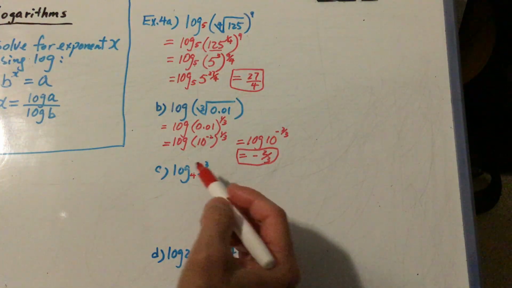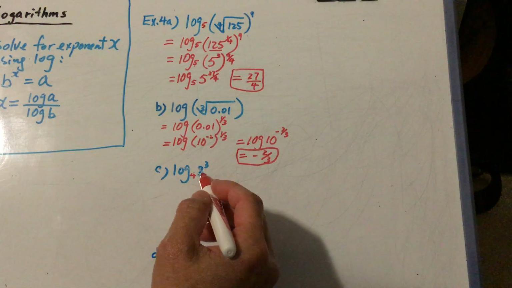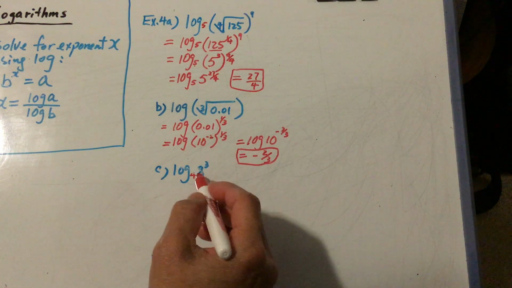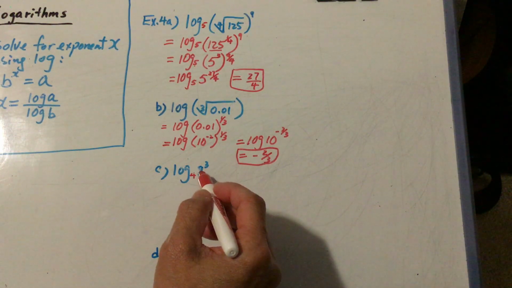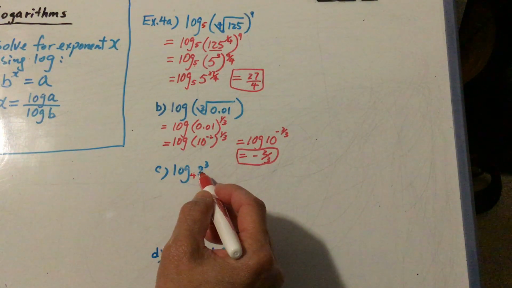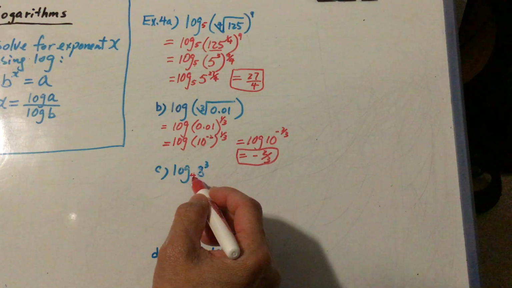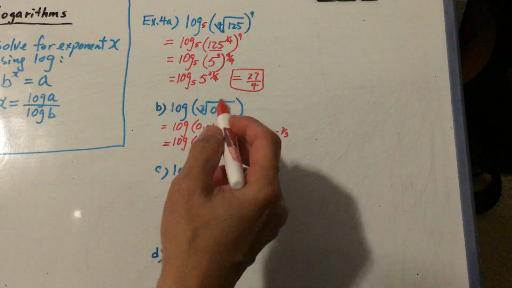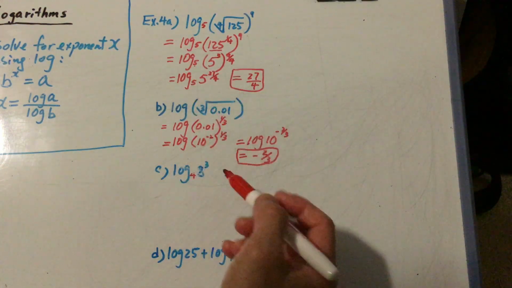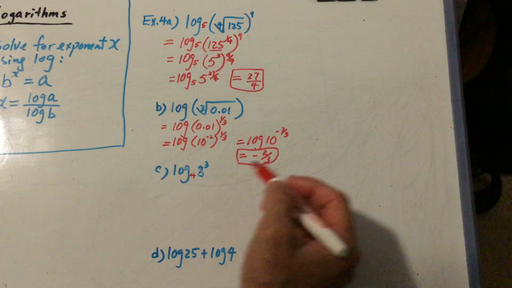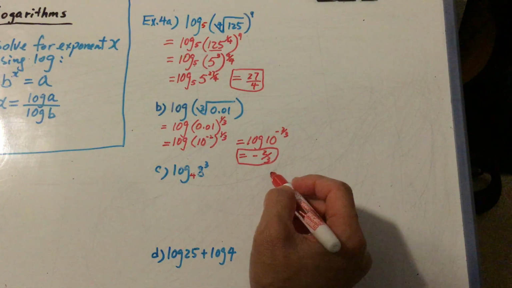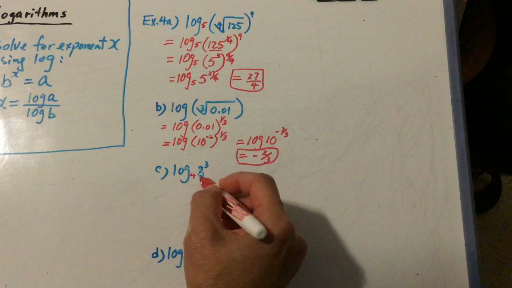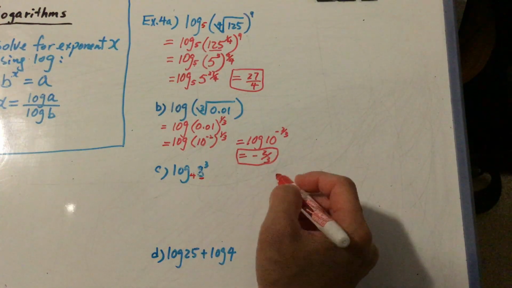Question C, log 4 of 8 to the 3. Now the problem is we're going to have a hard time turning the 8 into the base of 4. Before I can do what I did with the previous two questions, I need to find out how I can turn the 8 into the base of 4.